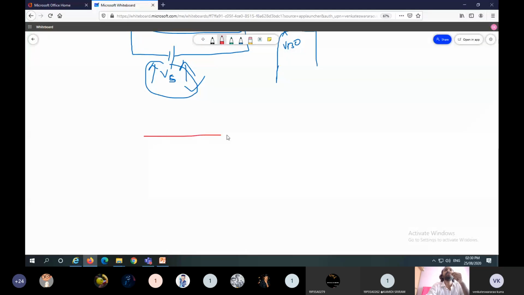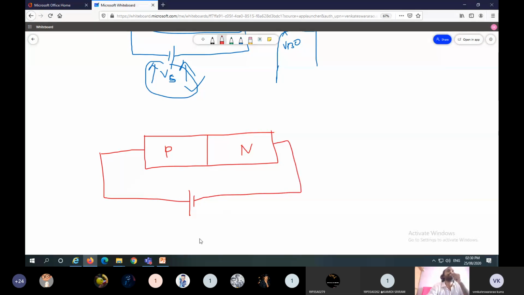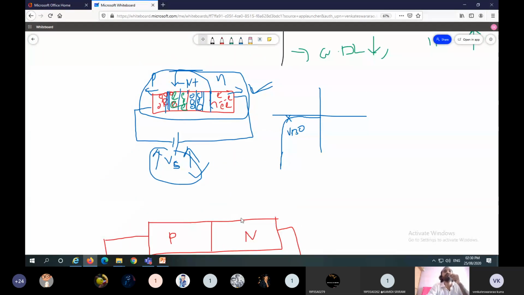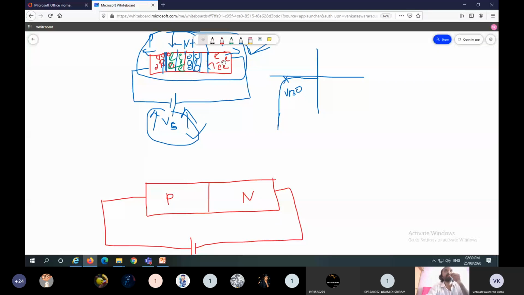Now if the same device, the diode, is used in forward bias condition, our requirement is that the diode must allow a large amount of current without any losses. Here the charge density is decreased, so the number of charge carriers available in p-type and n-type are reduced.